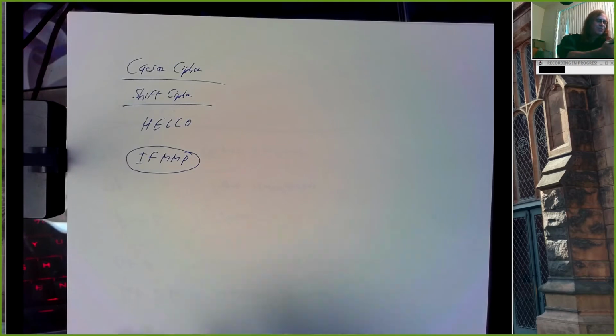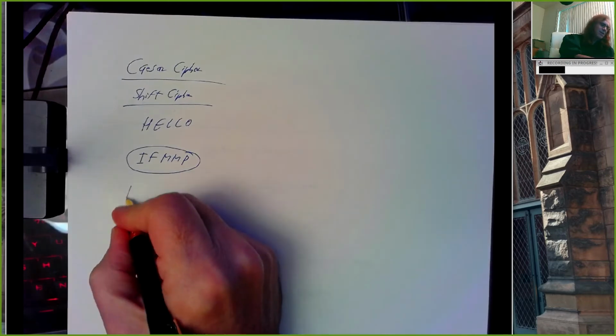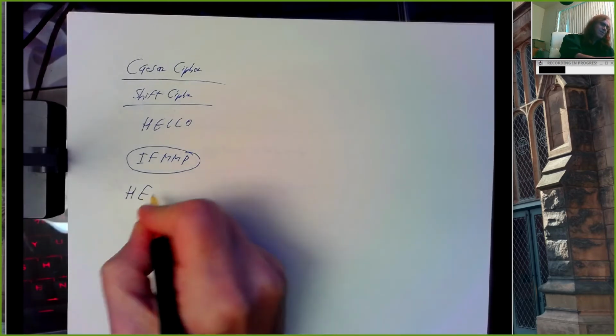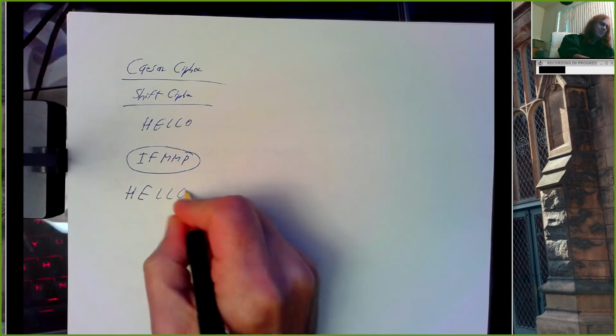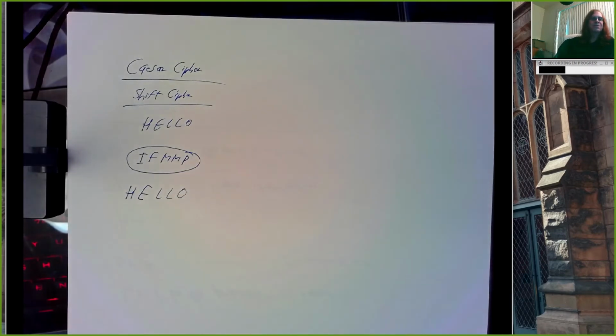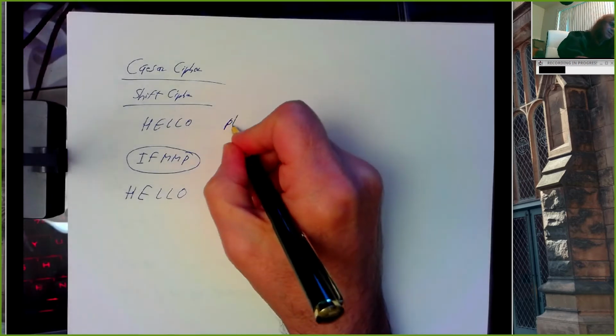So this is one approach. And the person you're sending this to, if you've coordinated with them, they know how to decode this. What they do is they subtract one from each letter, and I becomes H, F becomes E, M's become L, and P becomes O, and they can read the message. Oh, hello. So this is plain text.